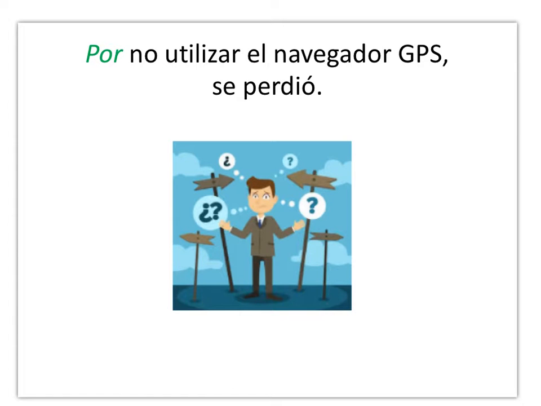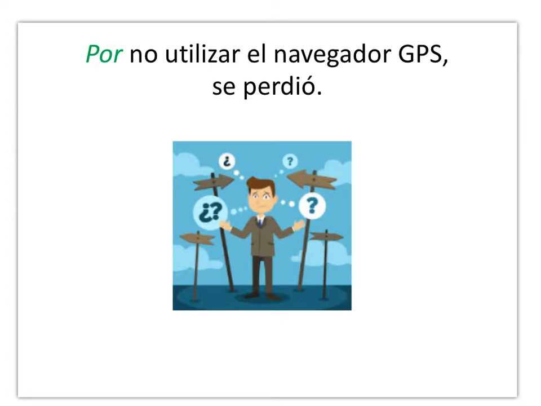When we reviewed the meaning, in English, I asked you why. Por qué. So when we have a use of por, that provides an explanation. Because if you can rewrite this sentence plugging in por qué, then you know it's por. For example, por ejemplo, se perdió porque no utilizó el navegador GPS.